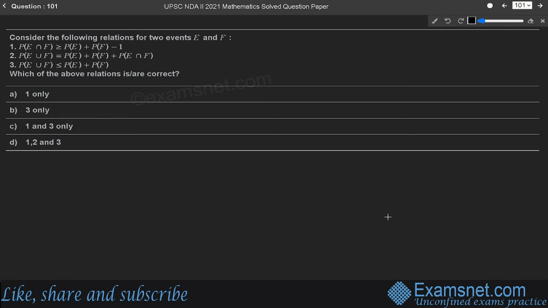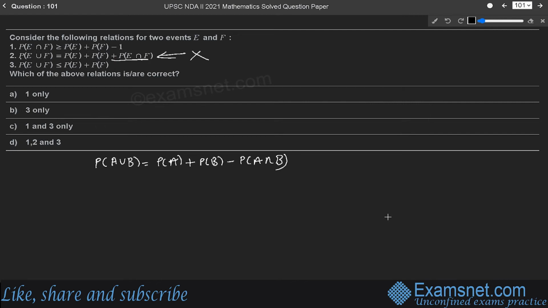We know that there is a basic formula in sets which is P of A union B is equal to P of A plus P of B minus P of A intersection B. So look at the second statement, which says that P of E union F is equal to P of E plus P of F plus P of E intersection F. But here there is minus according to the standard formula. So we can say that statement 2 is not correct.